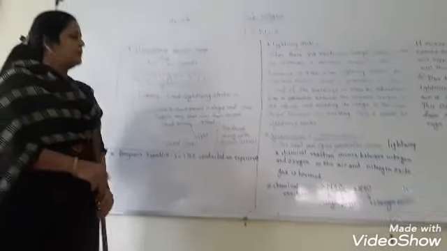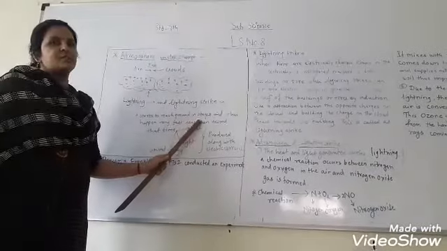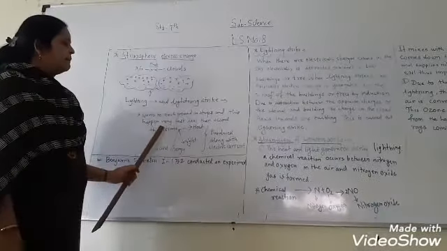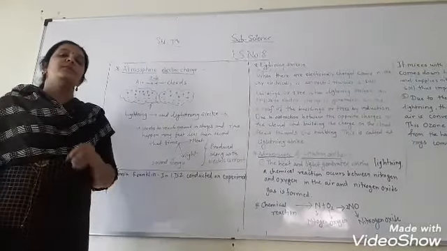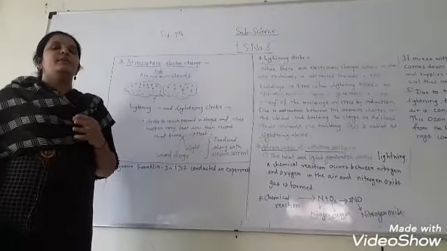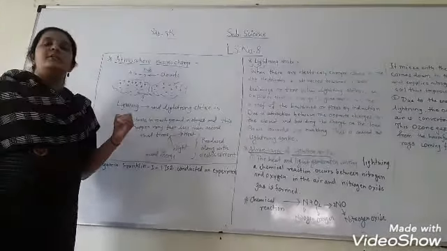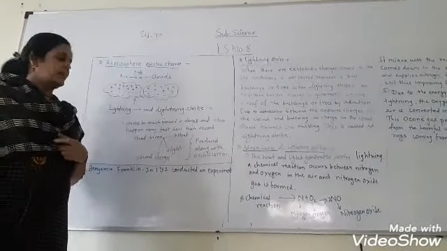Where do they come down? They come down to the ground in stages, slowly. And it happens very fast, within a second. When lightning starts, it happens very fast, in less than a second.